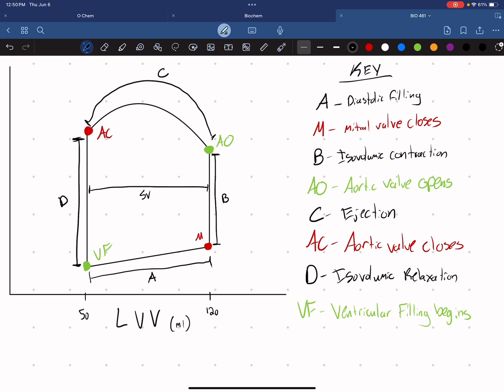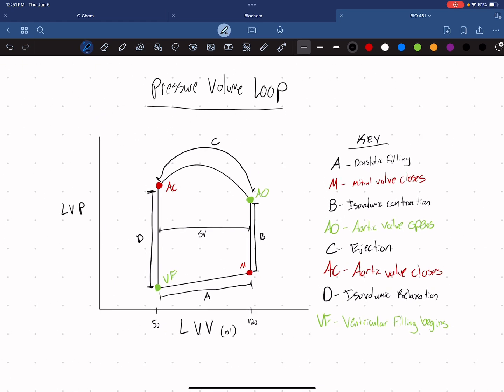When the valve opens, blood can go to the rest of the body. After that has happened, the aortic valve will close, which will cause the relaxation of the ventricles. The pressure will come way down to the point where the ventricles will begin to fill again. And this whole loop is what we call a pressure volume loop that is representative of the cardiac cycle from the perspective of the left ventricle.